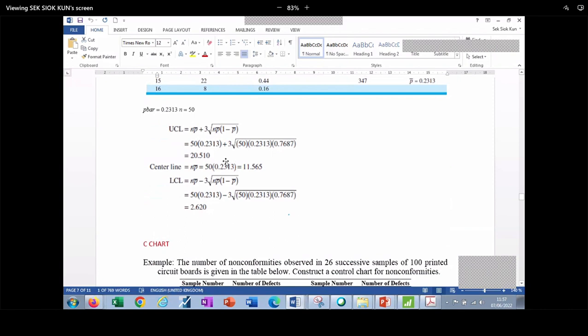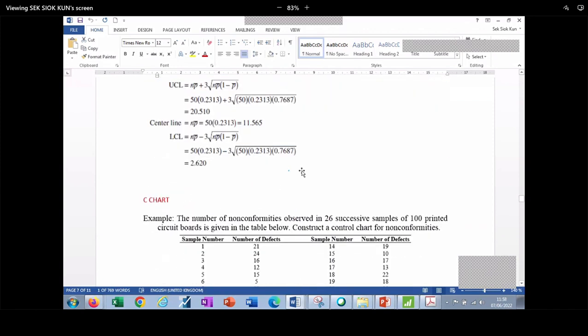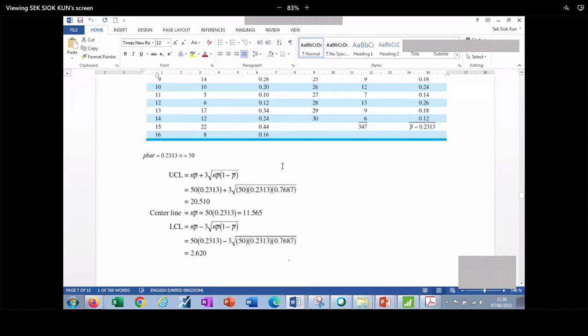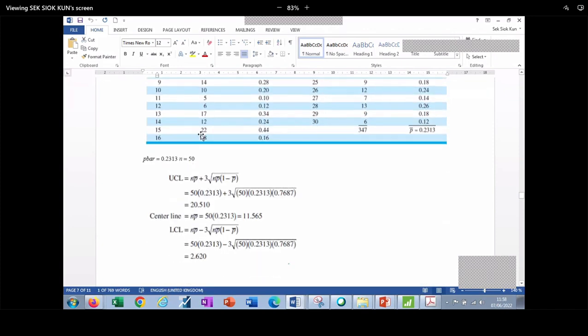Then apply these formulas to calculate the upper and lower control limit. The central line is n times P bar. Then you can plot everything. It's very simple.